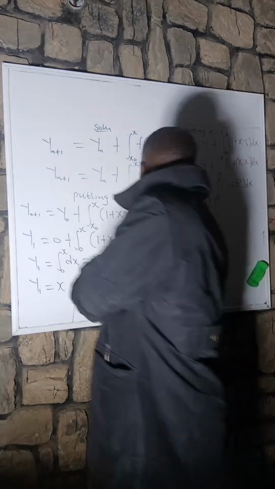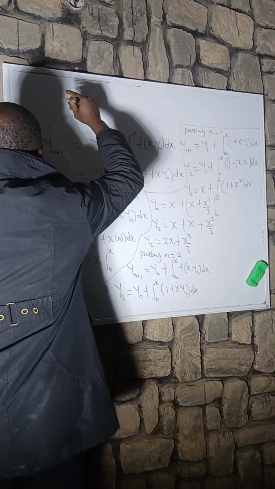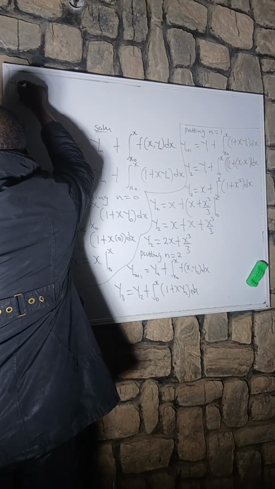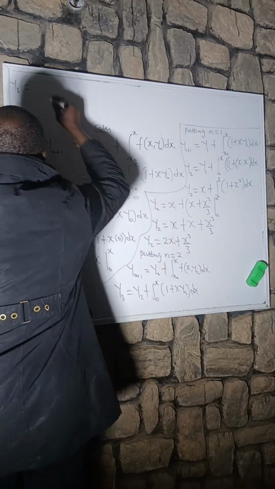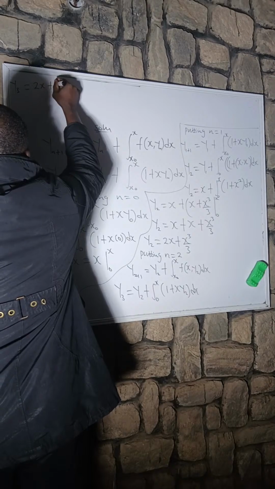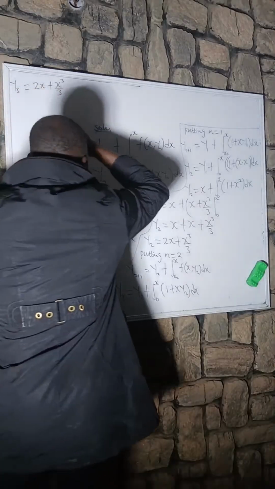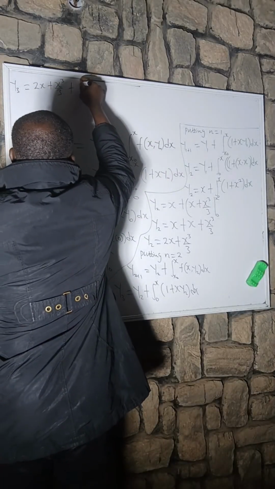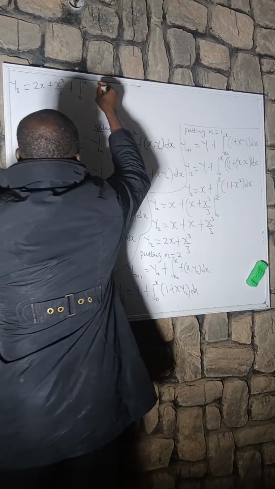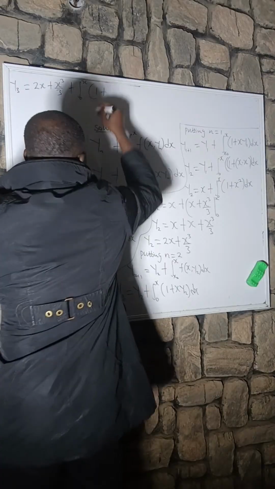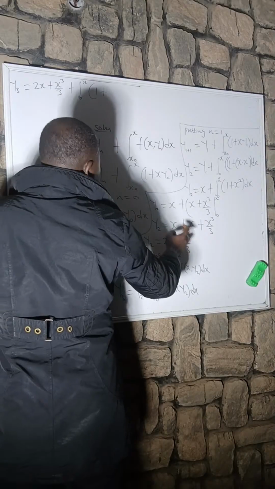So we substitute in this. So here will be y3 is equals to y2, which is 2x plus x raised to the power of 3 all over 3, then plus integral 0 to x, then open bracket 1 plus x times y2, which is 2x plus this.